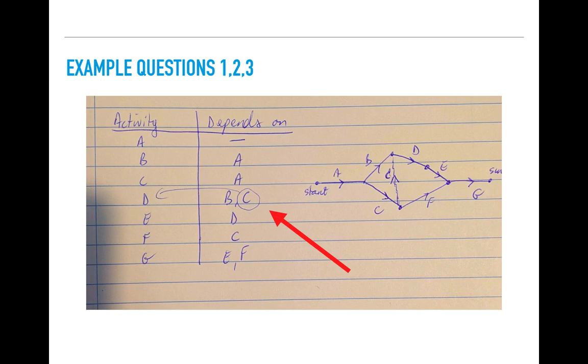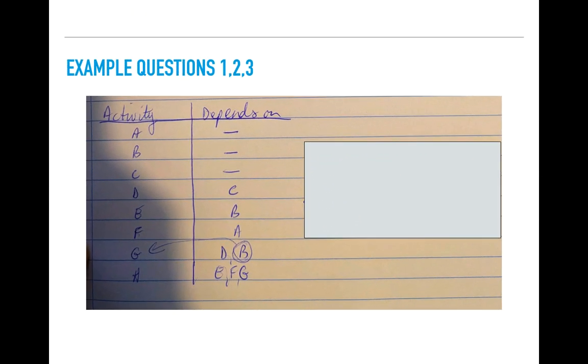Okay, and the third example. In this case, I know that A, B, and C come out of the start node. If you look at the letters on the right-hand side, I've got A, B, C, D, E, F, G. I have no H, so H goes into the sink.